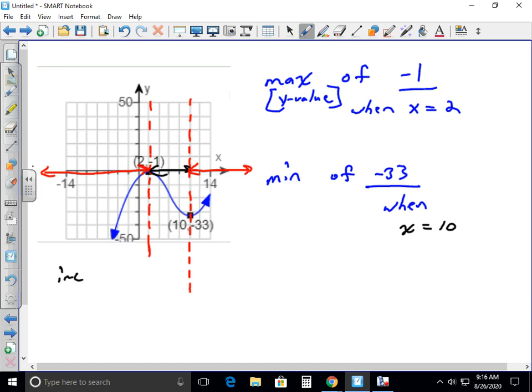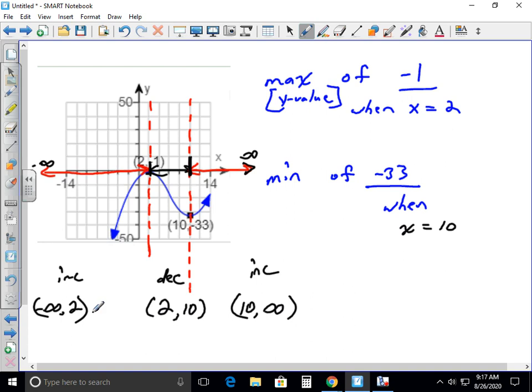So going from negative infinity to 2, our graph is going up. Going from 2 over to 10, we are decreasing. We're going down. And then starting at 10 and going to infinity, then we're going back up.